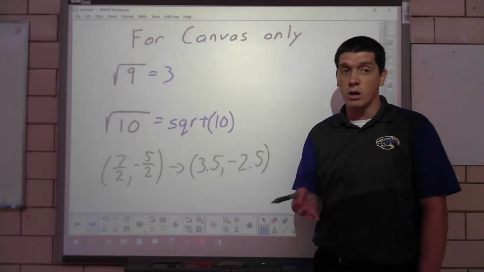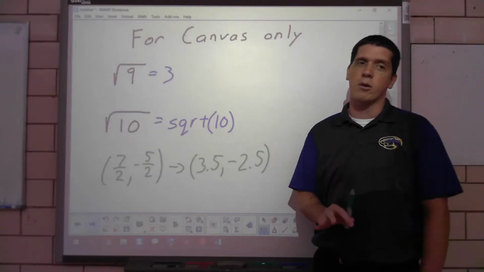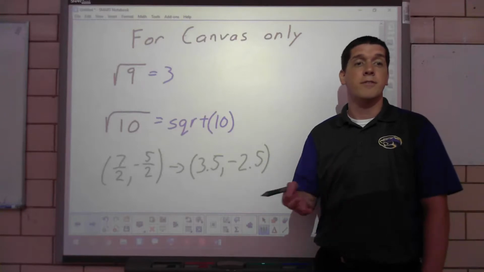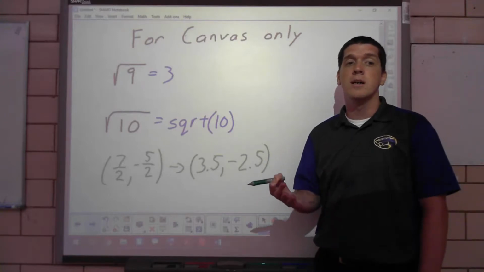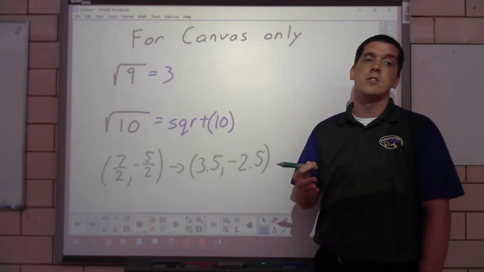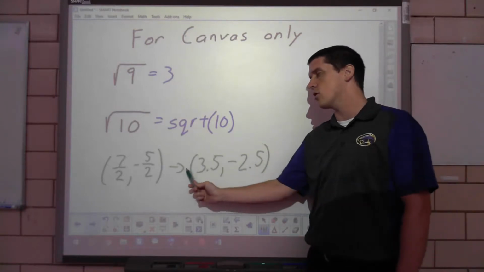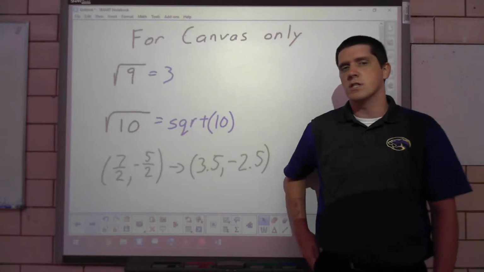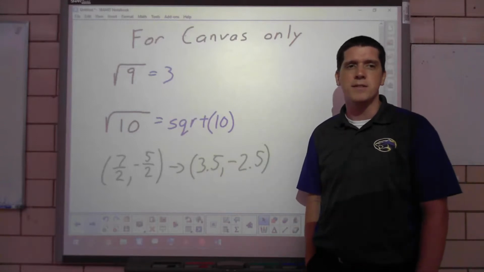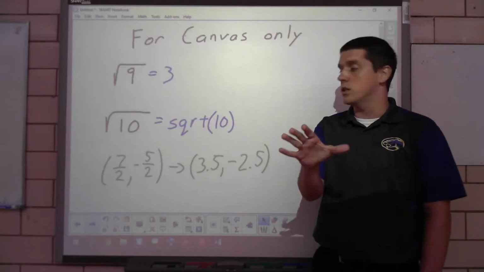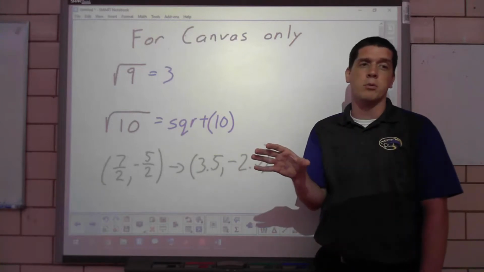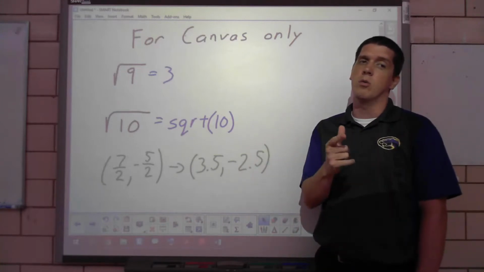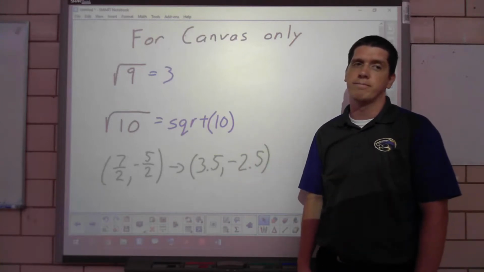It's not wrong, but it's going to count it wrong. And it might take a few days for me to catch it and fix it. So make sure you're not putting any spaces in those. When I type the answer key, I'm not going to put any spaces, so make sure that you guys aren't.